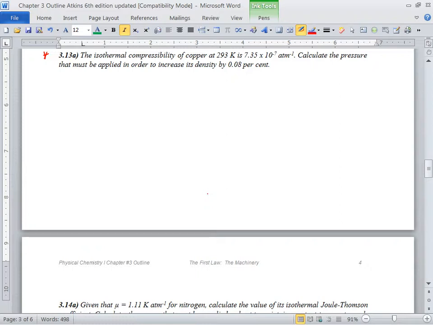Okay, isothermal compressibility. Let's jump down to 13. So isothermal compressibility, was that a kappa T expression? Okay, so what I'm trying to really drive at here is see what the question's asking for.